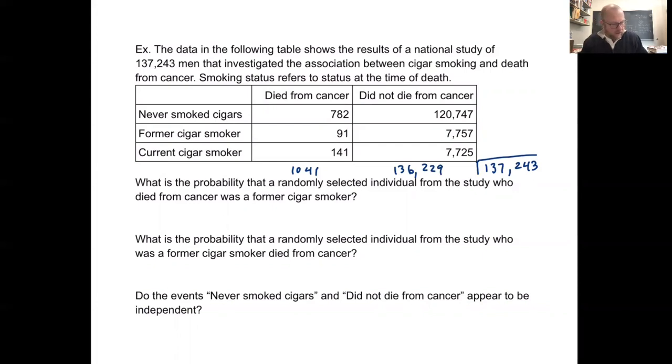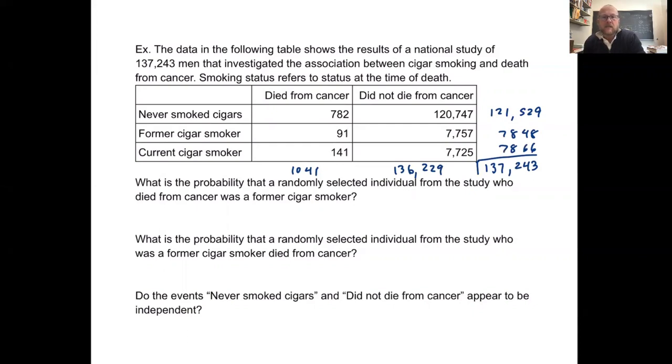And then going across, with 20,747 plus 782, 21,529; 91 plus 7,757, 7,848; and then 141 plus 7,725, 7,866.